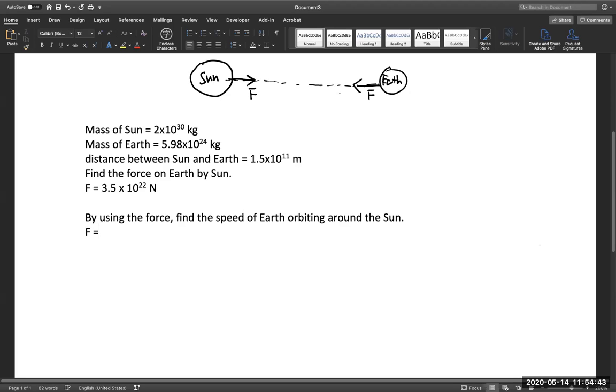So the force is equal to m v squared over r. You have the radius, you have the mass already, so you can find the speed.